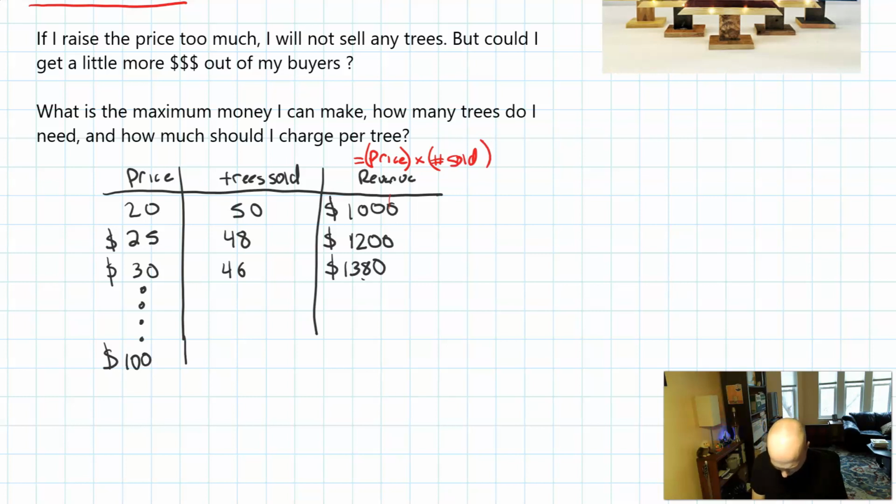Now, I actually am curious, how many trees would I sell here? I might be looking for how many times did I increase the price. It's an $80 difference, times 5 each. So I think that's 40 price increases. Is that right? No, it's like 16 price increases, right? I had to go 16 times, so I'll sell 16 times 2 fewer trees. I should be selling 32 trees here.